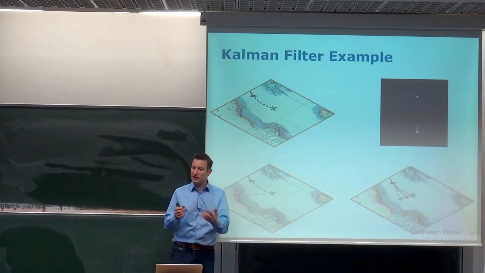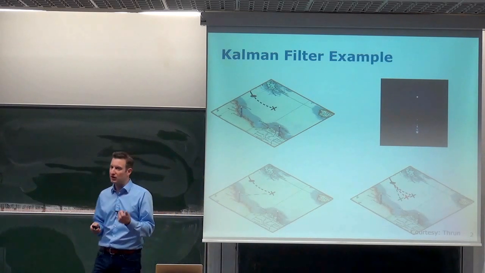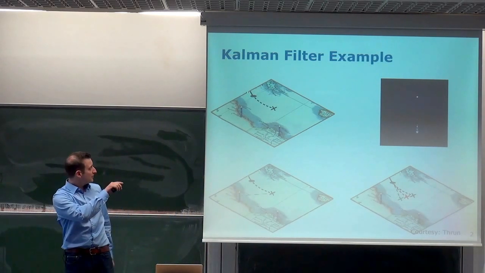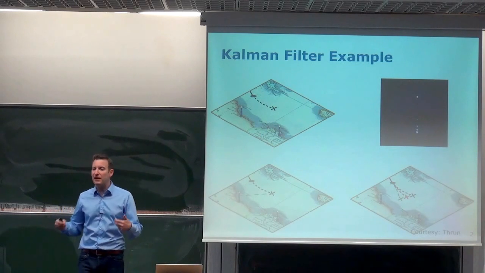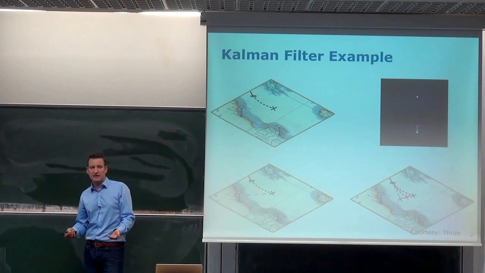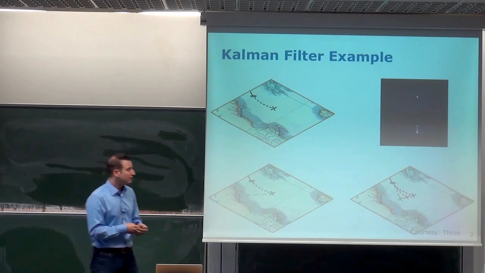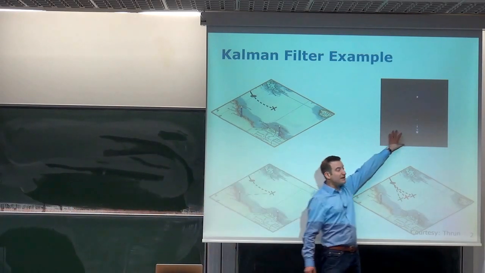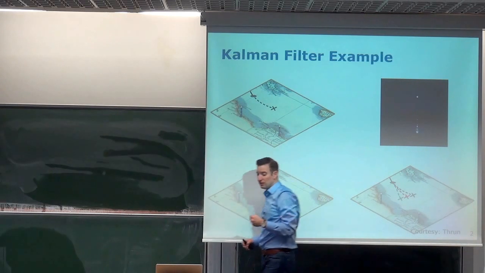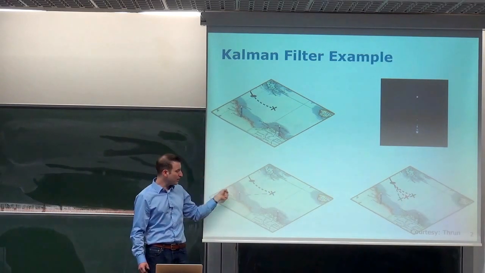And these slides actually quite nicely illustrate all the things which we will encounter now. So the prediction step, estimating where we are at the next point in time, not taking into account any observation. Then we obtain an observation. We say, what are we observing?